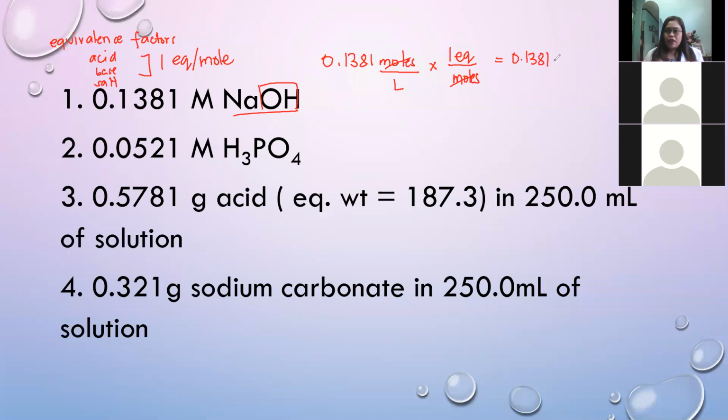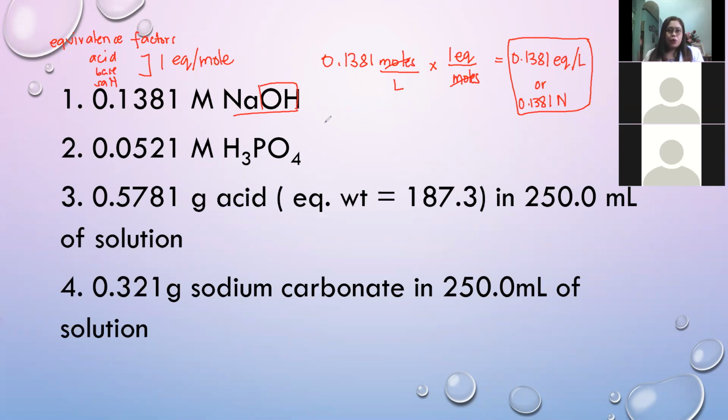Take note of the remaining unit, equivalent per liter. Equivalent per liter is equal to capital letter N. And that's how you convert molarity to normality. Is that clear? Questions? None? You can ask anytime if you have questions or if something is not understood.